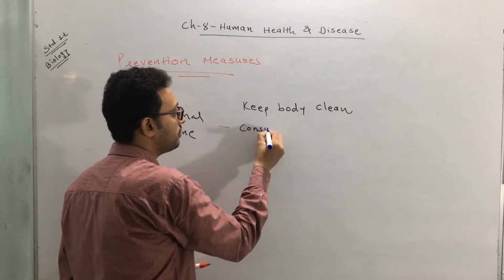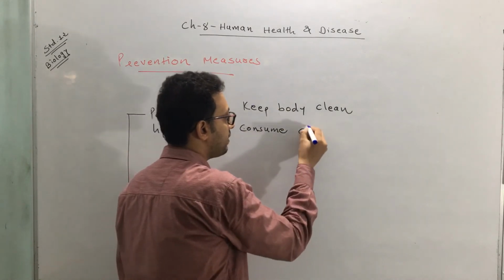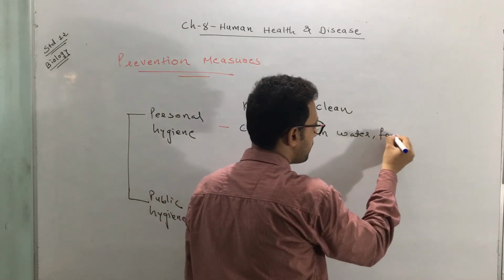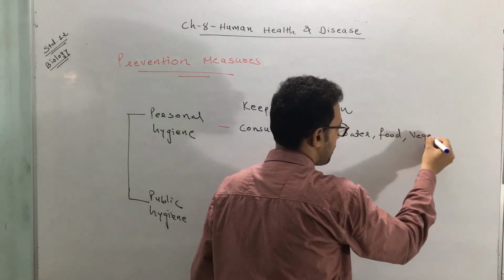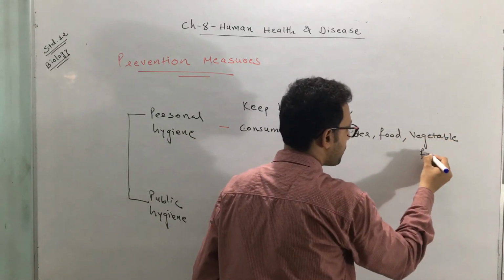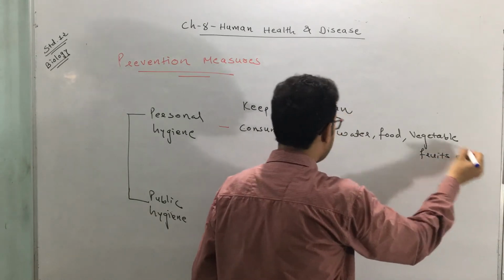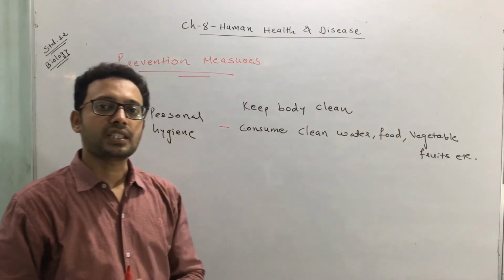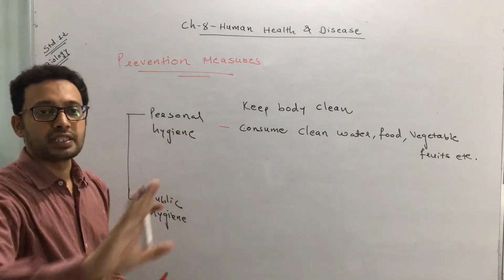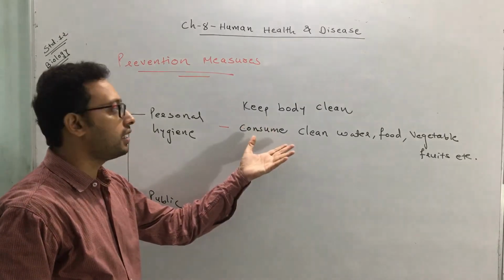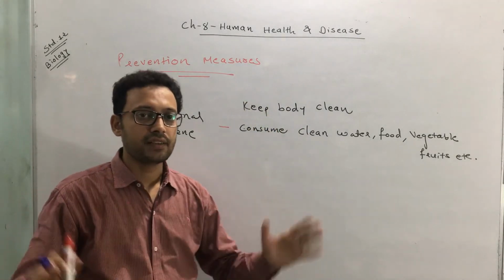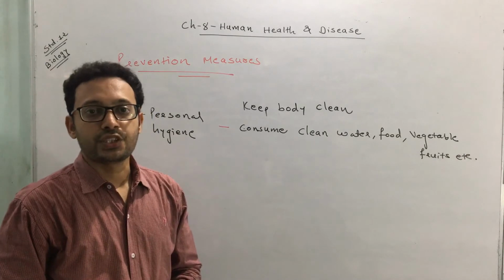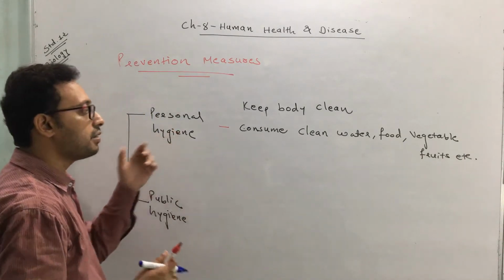Next, consume clean and fresh water, food, vegetables, fruits, etc. Clean, healthy, nutritious, fresh fruit, water, food, vegetables and fruits, you have to take. Your personal hygiene is going to be maintained. Clear? So how can you maintain your personal hygiene? Keep your body clean and neat, and consume clean water, food, vegetables, fruits, etc. And thus you can maintain personal hygiene.